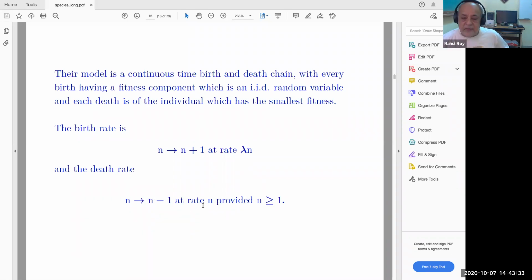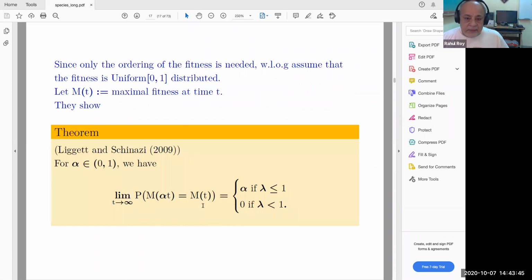But remember, the death is only of the individual of the smallest fitness. So it is different from the standard birth and death chain we teach in universities. Since only the ordering of the fitness is needed, without loss of generality, let us assume that the fitness is uniform 0-1 distributed.